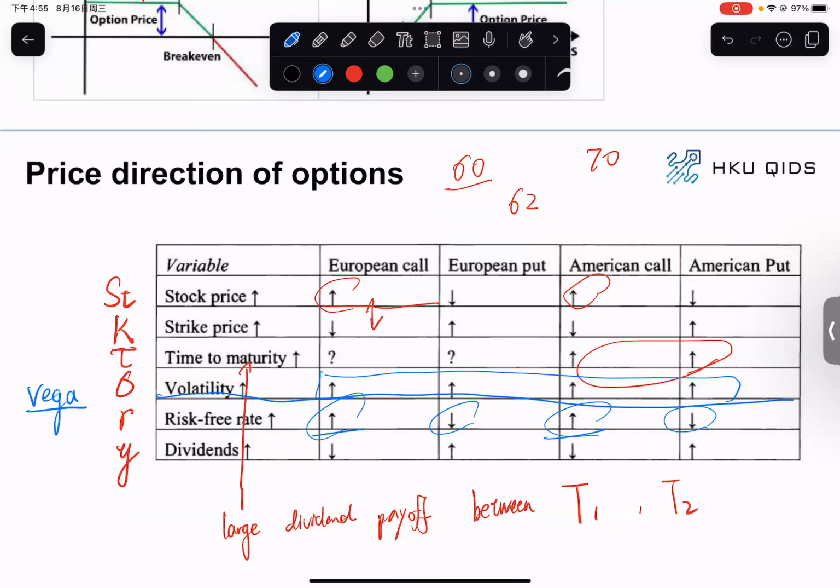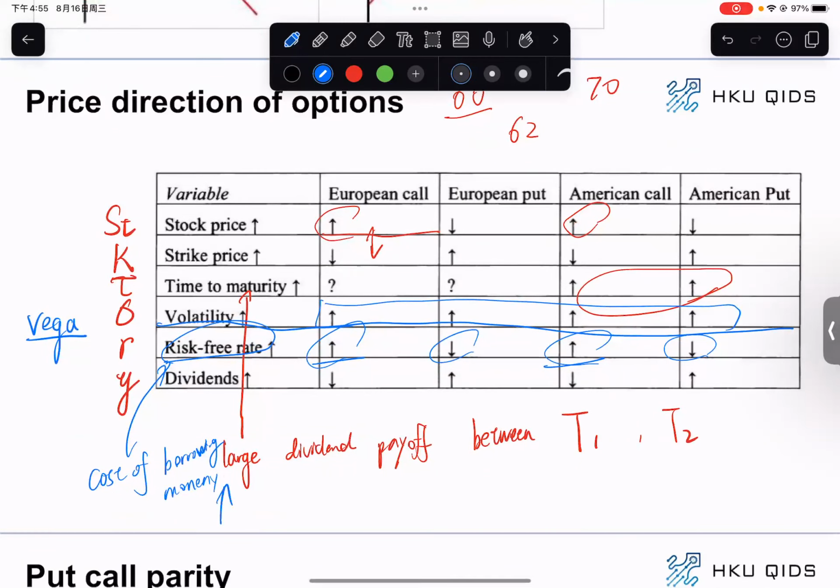I'm going to pay some interest at the end of this short position. So if the interest rate goes higher, the cost of borrowing money also goes higher, right? So my cost increases, and of course the value is going to decrease for put.